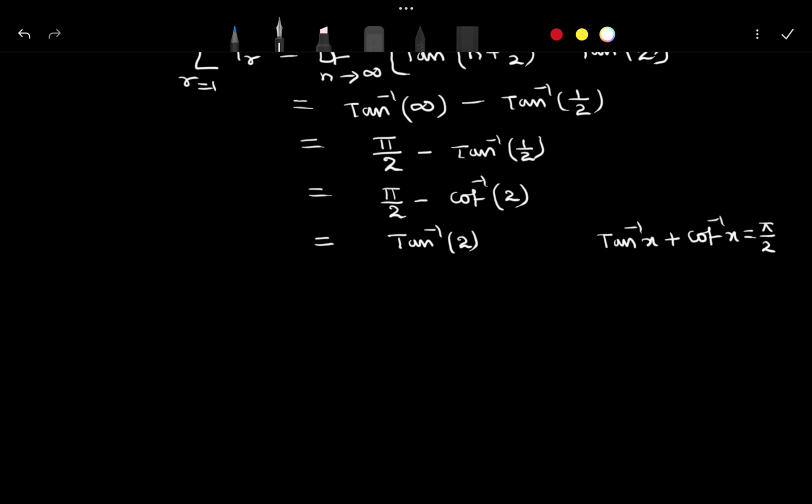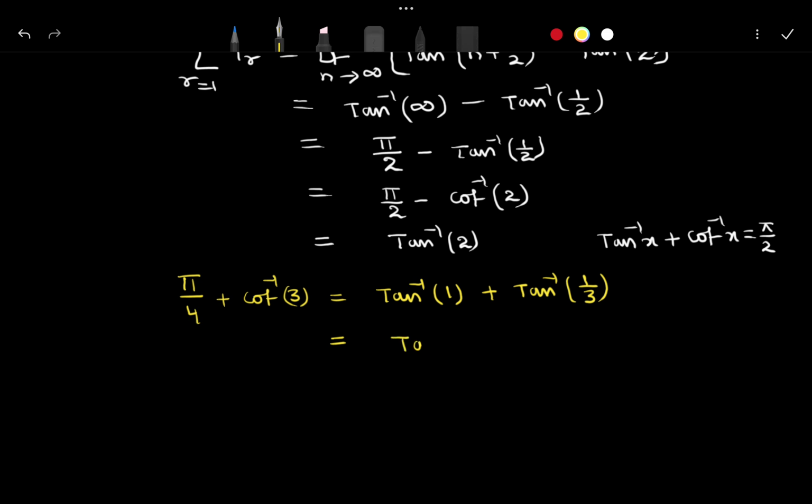By option verification, pi by 4 plus cot inverse of 3. Pi by 4 you can write as tan inverse of 1, and cot inverse of 3 you can write as tan inverse of 1 by 3. This is in the form tan inverse x plus tan inverse y, so you can write tan inverse of (x plus y) divided by (1 minus xy).